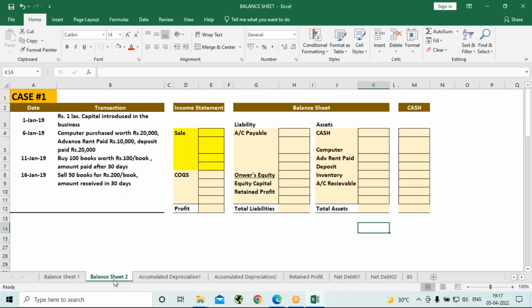In the same way as we prepared the balance sheet, here also it is the same thing. You should know where the values are going to be affected by each transaction.